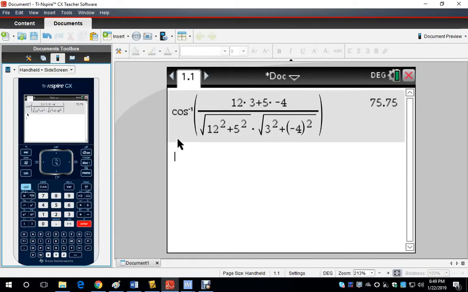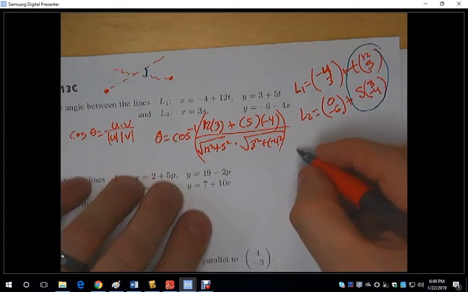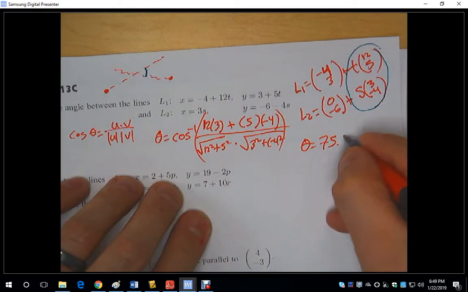And I get 75.8. So theta equals 75.8 degrees.